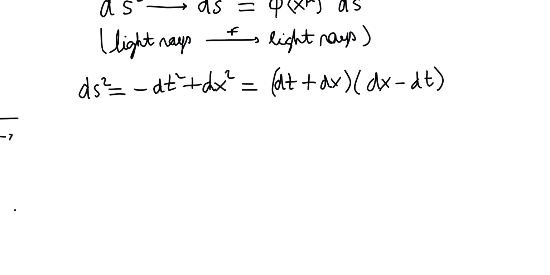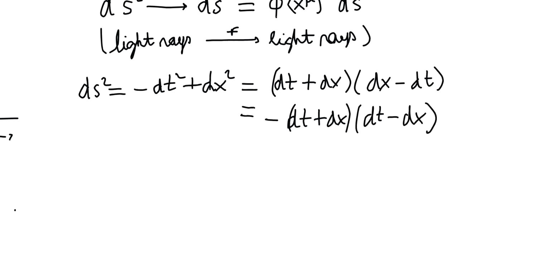Now we can write it as dt plus dx times dt minus dx, where I've factorized the minus out, because now I can identify this with du, and this with dv. So now I can write ds square equal minus dv du.